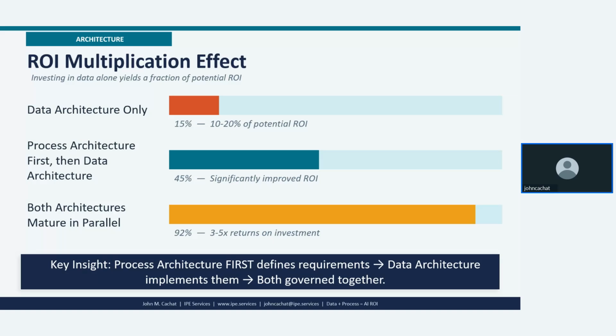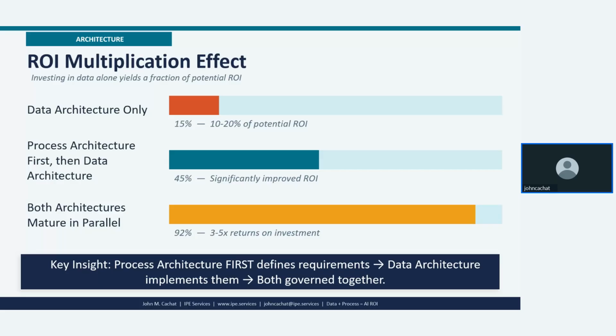I mean, it's not a zero. But when you add the process architecture and then data, it'll significantly improve because now the agents are intelligent. We've trained them. And you put them both in parallel, and that's where you're going to start getting the 3 and 5x returns. So the insight is process architecture defines the requirements, the how, and data architecture implements them.